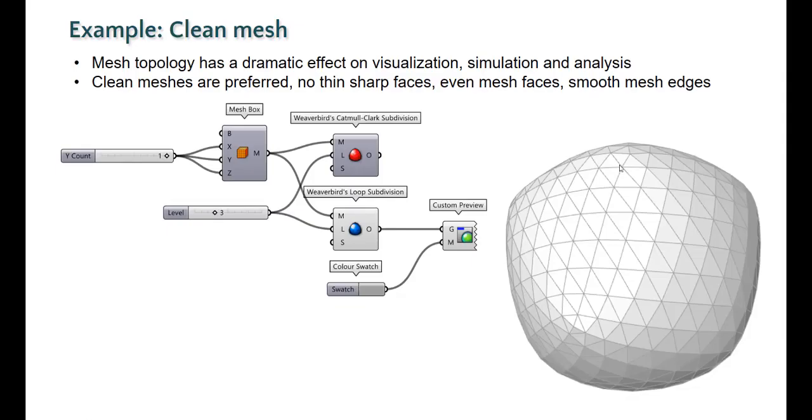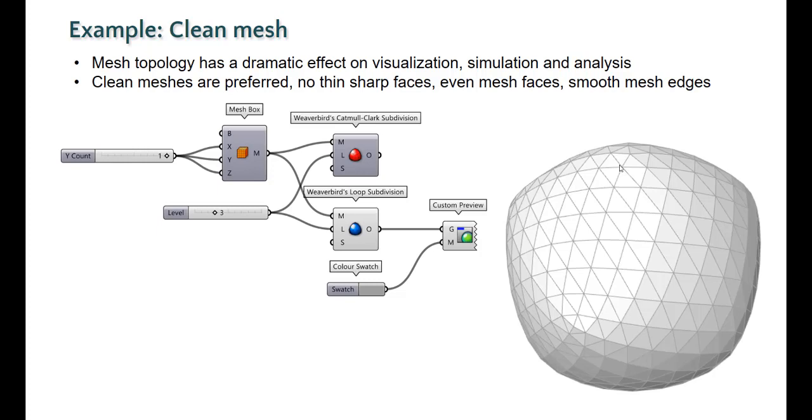There are other ways of cleaning up a mesh, and it's through subdivision, and that actually works really well. So subdivision is a method that'll take whatever simple topology of a mesh and subdivide each face, and in doing so, it makes it slightly smoother.